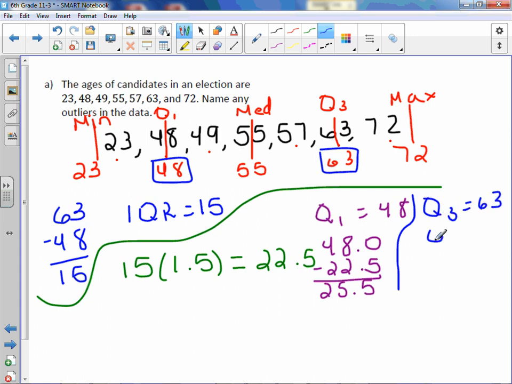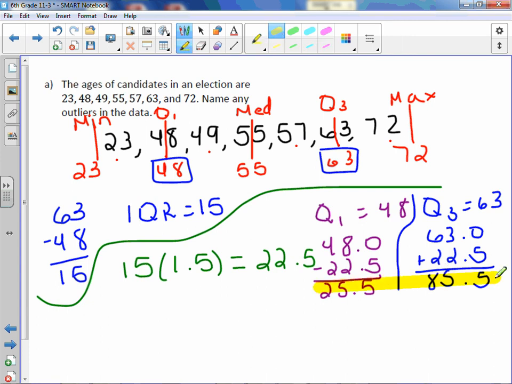And this time let's add it. It's the upper range. We want to add it to 22.5. And we get 85.5. So this right here represents our range. 25.5 all the way to 85.5. If any numbers are outside of that, those would be considered outliers.